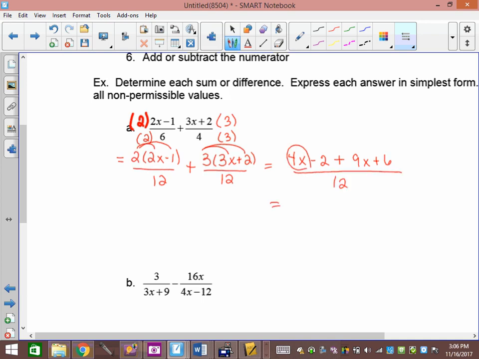And then 4x plus 9x is 13x. Negative 2 plus 6 is positive 4 over 12. And that's it. There are no NPVs because you don't have a variable in the denominator.